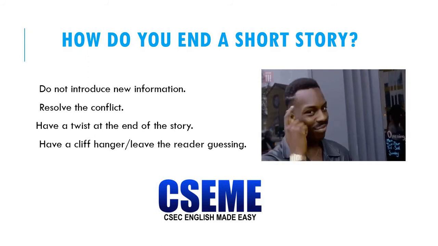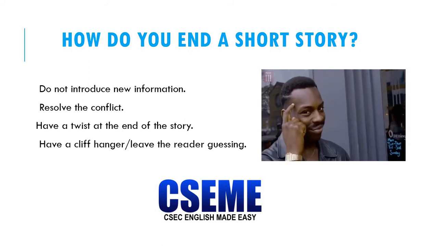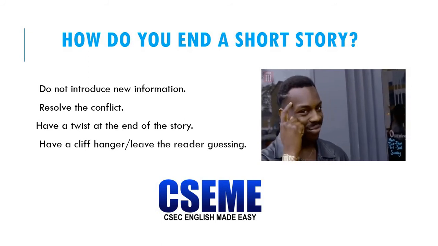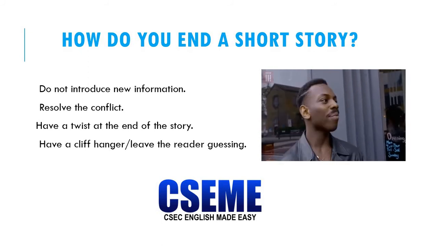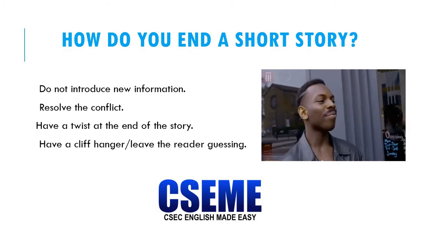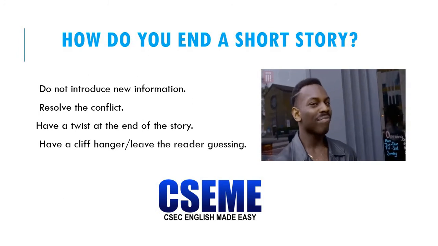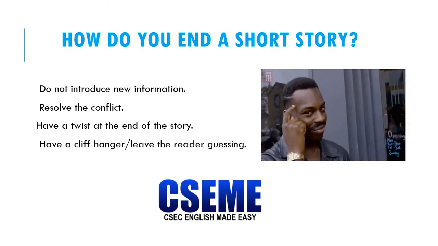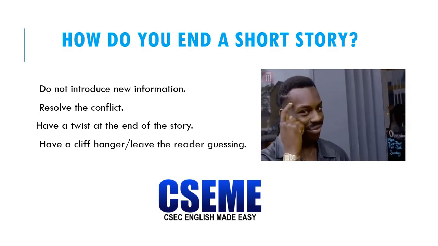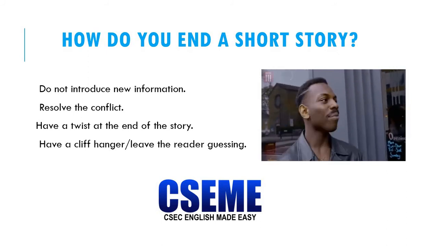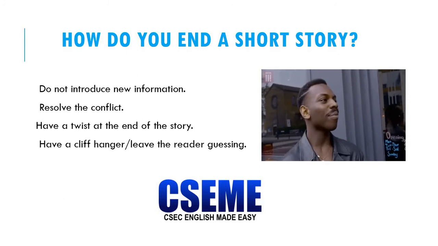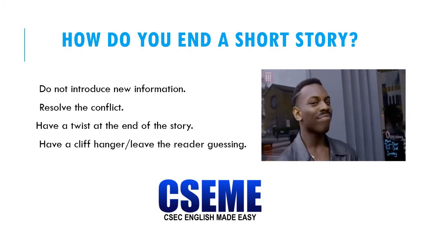When you present new information, the reader is left confused as to why the writer included this. What does this mean? How does this tie to the rest of the story? So take that into consideration. Next, as I said before, ensure you resolve the conflict.